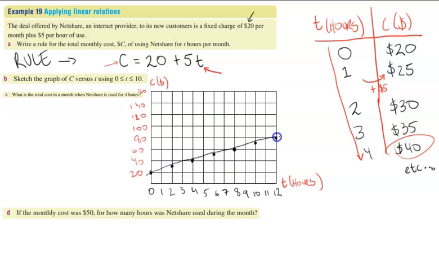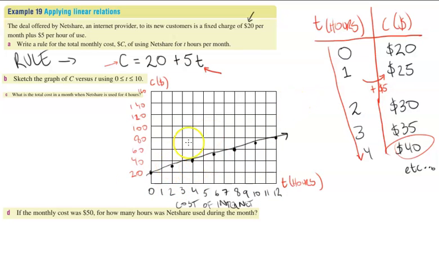Now mine's going to be a bit terrible, but you would ideally use a ruler and indicate via this arrow that this keeps going on. So this here is the cost of internet. You will always need some type of title to represent what this graph actually represents.